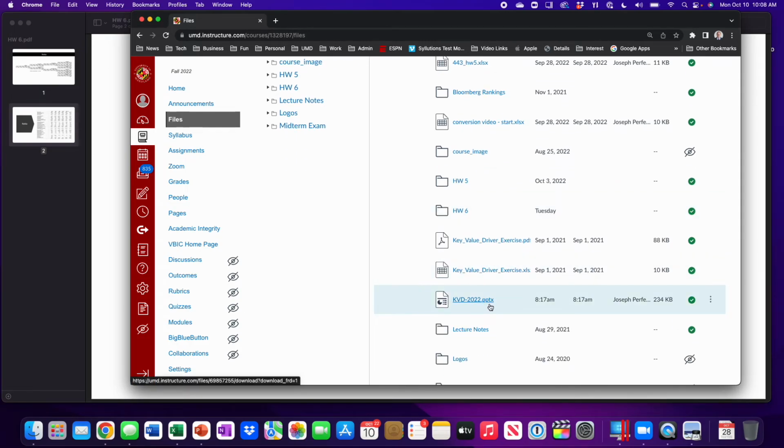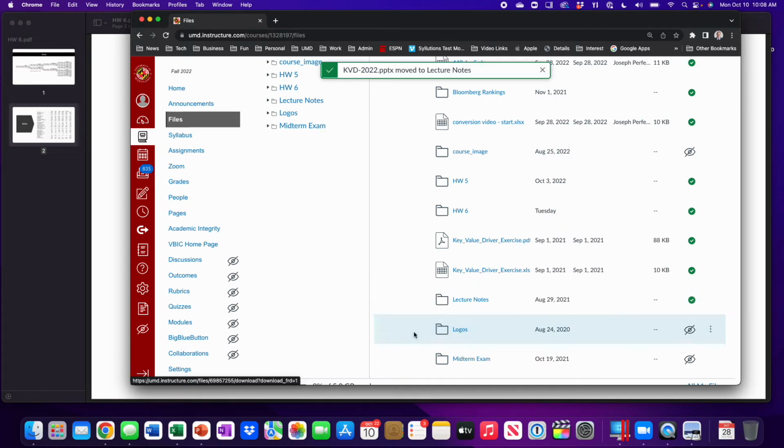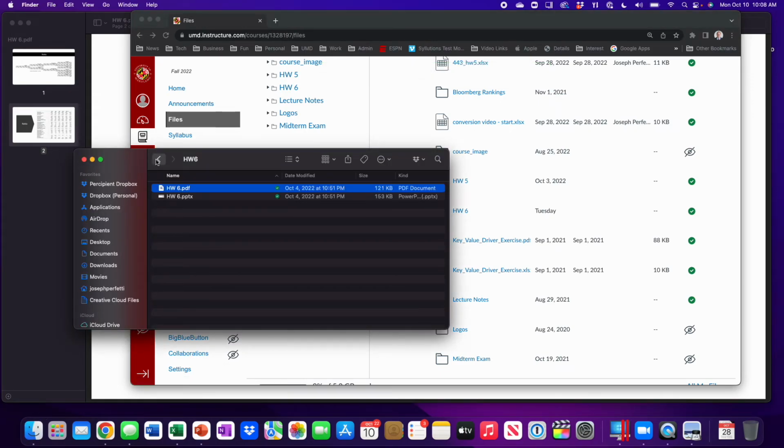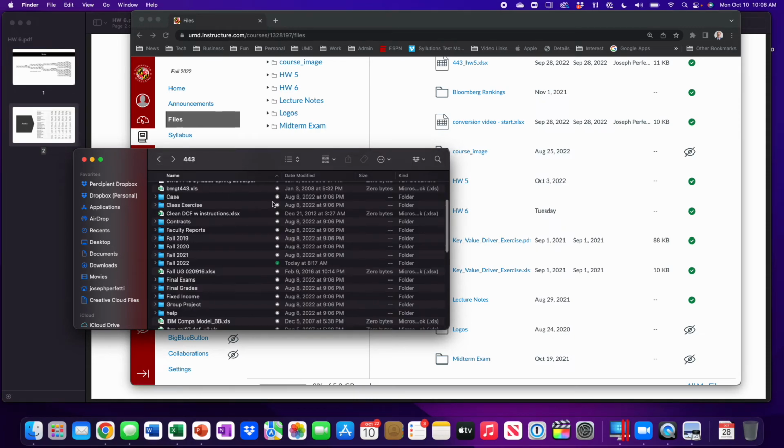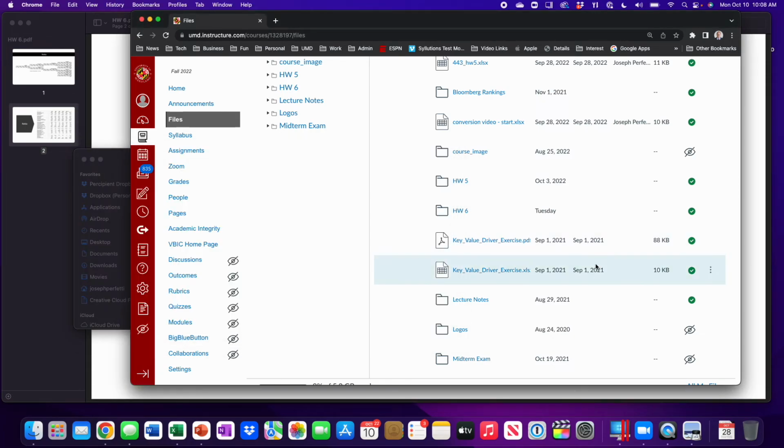KVD 2022 PowerPoint. Okay, KVD stands for Key Value Drivers. So you might want to go grab that PowerPoint file. Let me just download it, so I don't want to go looking for it on my laptop.